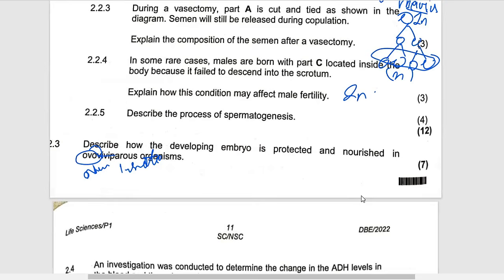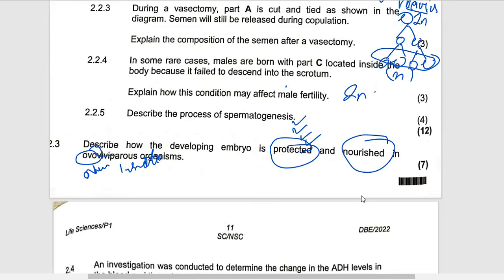So how is it nourished and protected? Basically, you have two questions which you are supposed to answer. You're supposed to look for a way forward for protection, and you're supposed to look for a way forward for nourishment. So protection, you look at the amniotic egg, the layers, what you call the extra-embryonic membranes. The first one is the allantois. This one protects the embryo by removing the waste product.